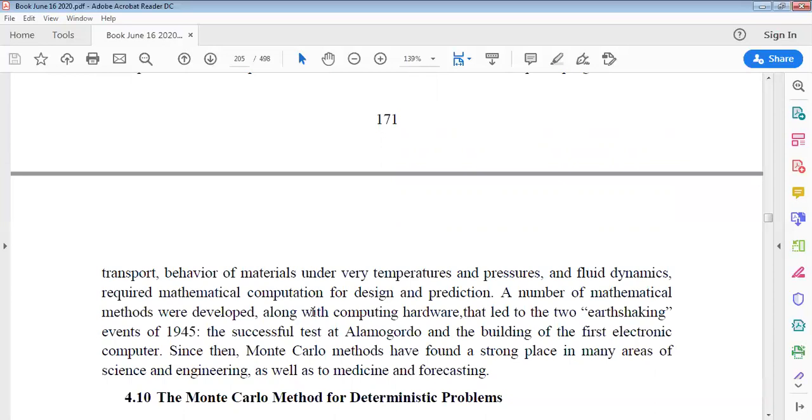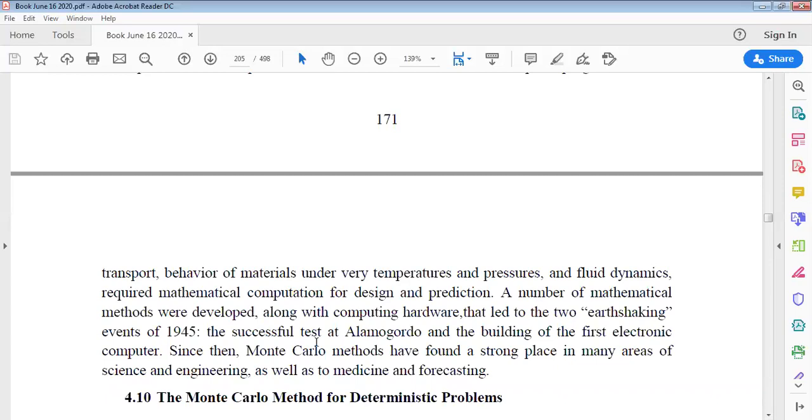And these all required mathematical computation for the design and prediction of the yield from the nuclear weapons. Now, after the nuclear weapons program, then nuclear engineering came into submarine reactors and then into civil power reactors. And as I said, we've got over 440 nuclear power reactors operating in the world at the moment.